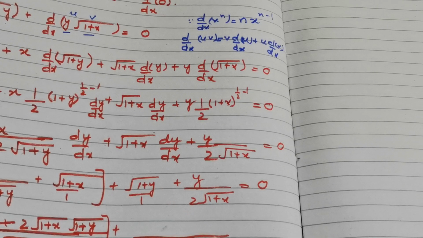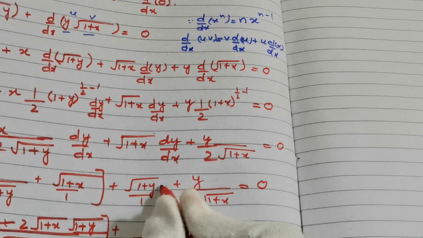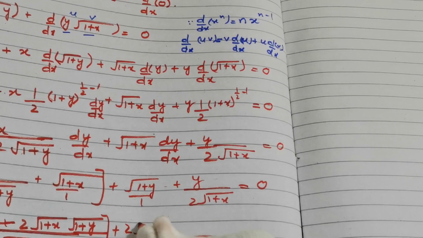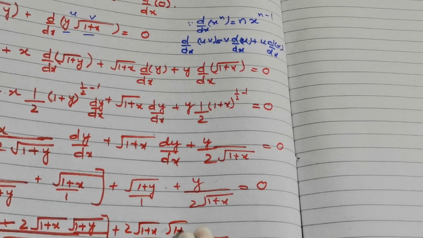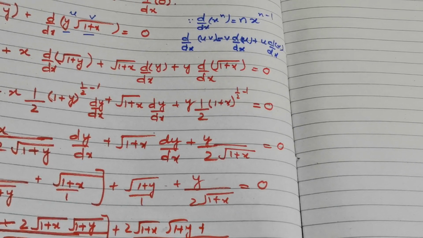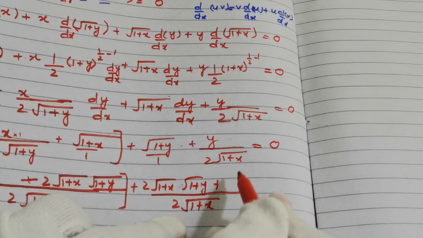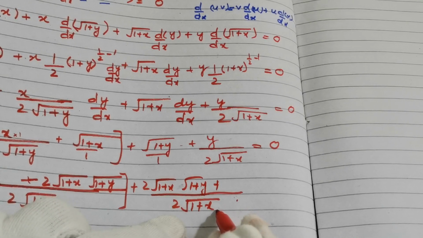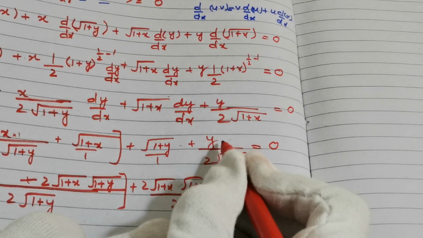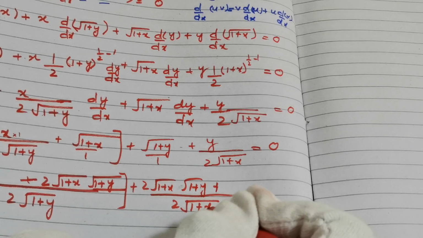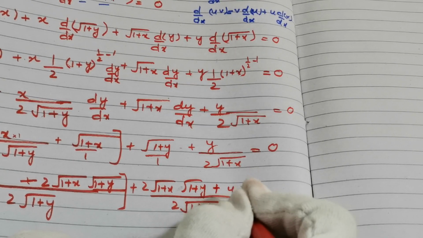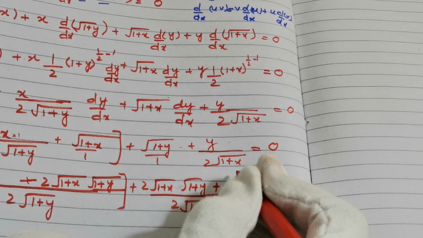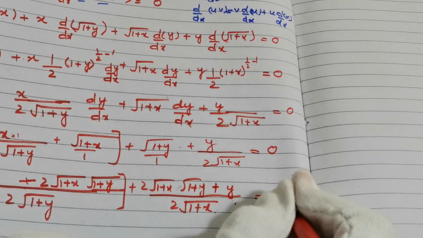This term is not in the denominator, so we multiply by it in the numerator: 2 under root 1 plus x under root 1 plus y, plus both these two terms are in the denominator, so we multiply by 1. So y multiplied by 1 gives y, is equal to 0.